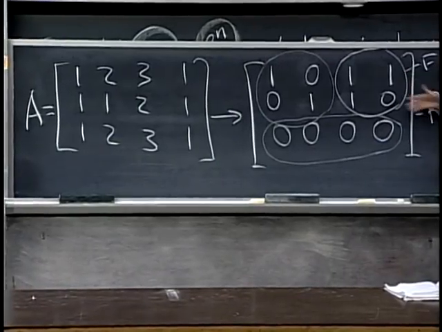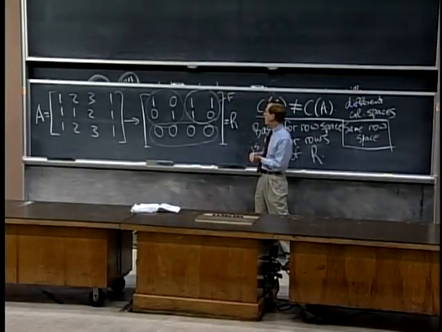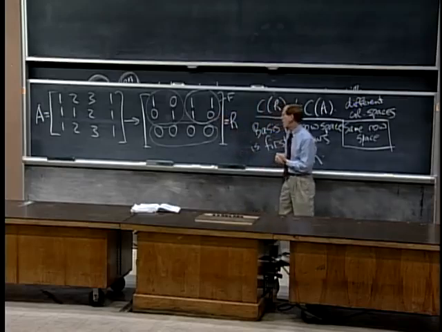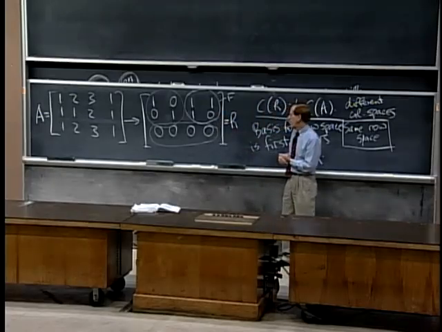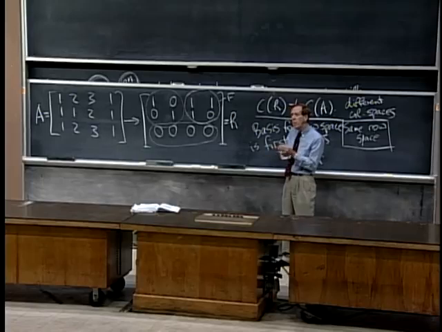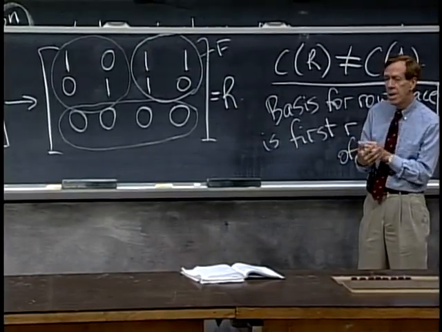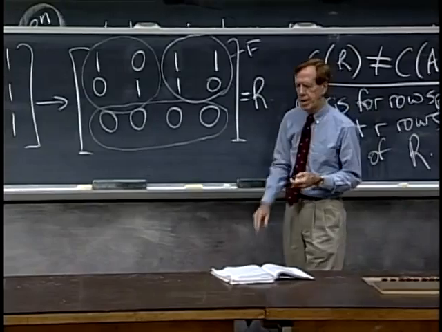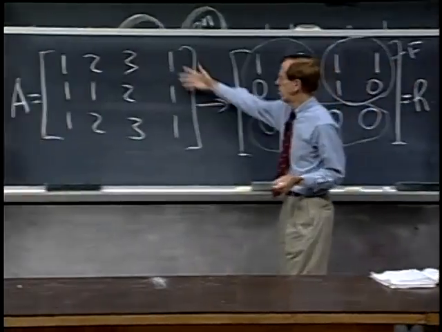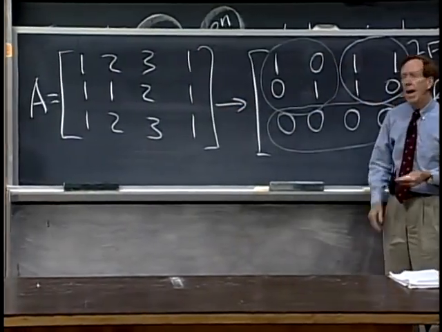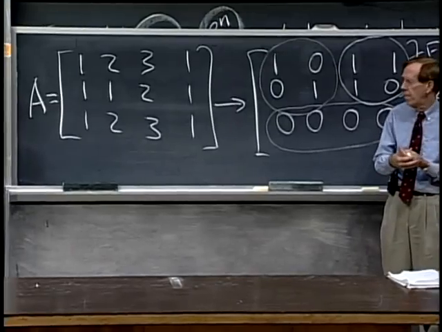So here's a basis, 1, 0, 1, 1, and 0, 1, 1, 0. I believe those are in the row space. I know they're independent. Why are those 2 vectors in the row space? Because all those operations we did started with these rows and took combinations of them.